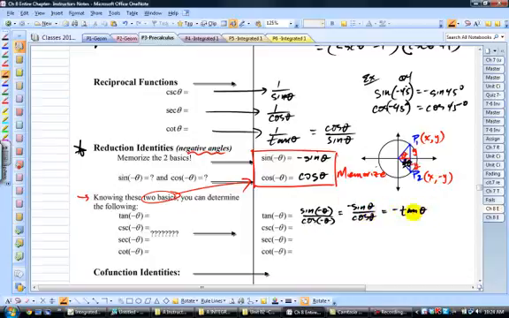Basically, all you have to remember is that any of these functions that deal with sine, when you evaluate at a negative angle, is going to end up negative. Anything that's dealing with just cosine is going to end up positive. Like for this one right here, it's the same thing as 1 over sine of negative theta. But that's 1 divided by negative sine theta, or negative cosecant theta.